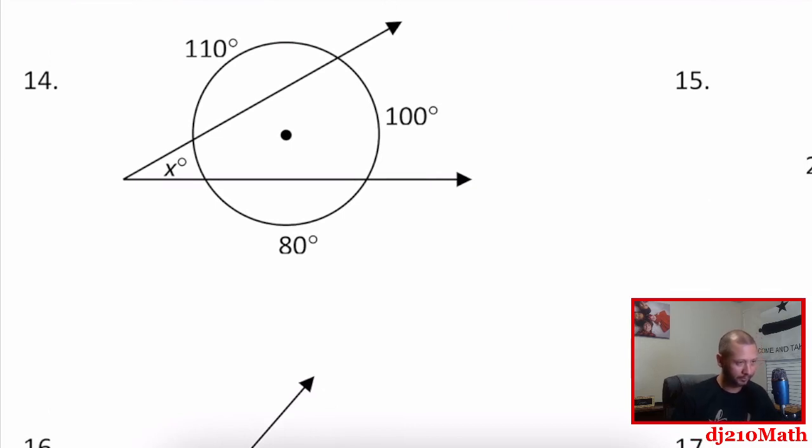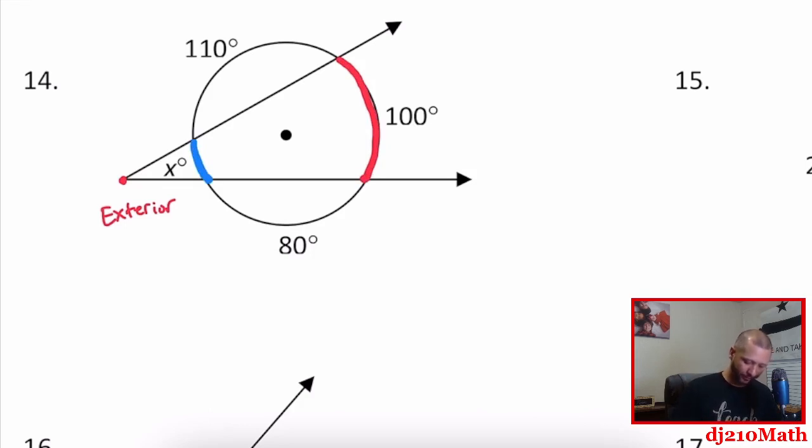Okay, 14. It's not an inscribed angle. This is an exterior angle. So what happens is we have two arcs that are being made. We have the bigger arc and we have the smaller arc.